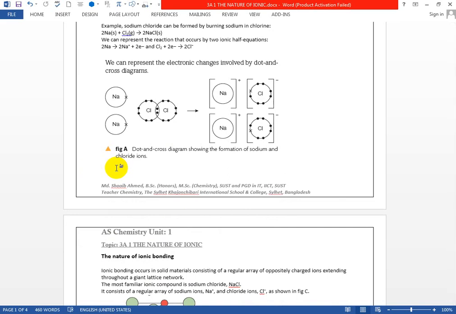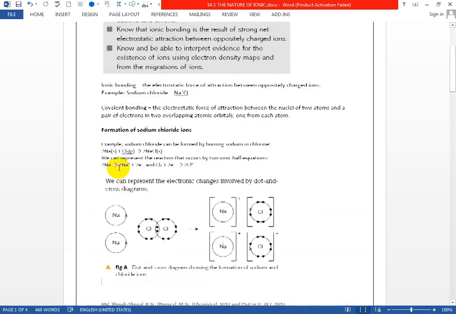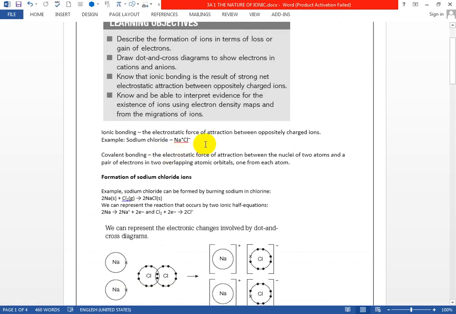Ions, and these ions must be oppositely charged, positive and negative. You can write the electrostatic force of attraction between oppositely charged ions, or between positively charged ions and negatively charged ions. Okay, this is ionic bonding.